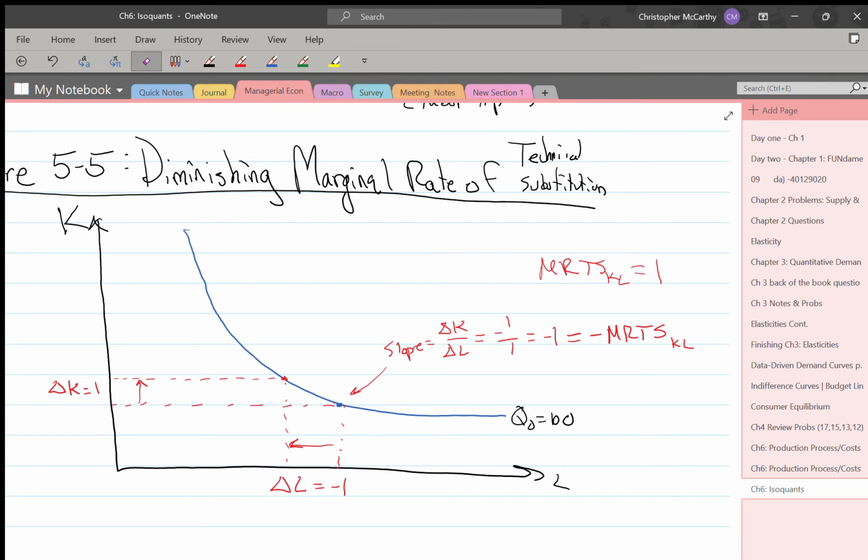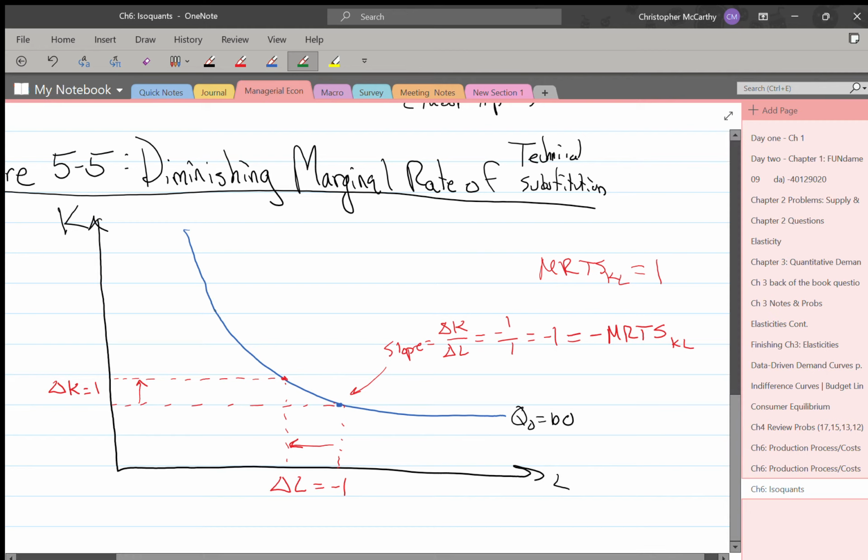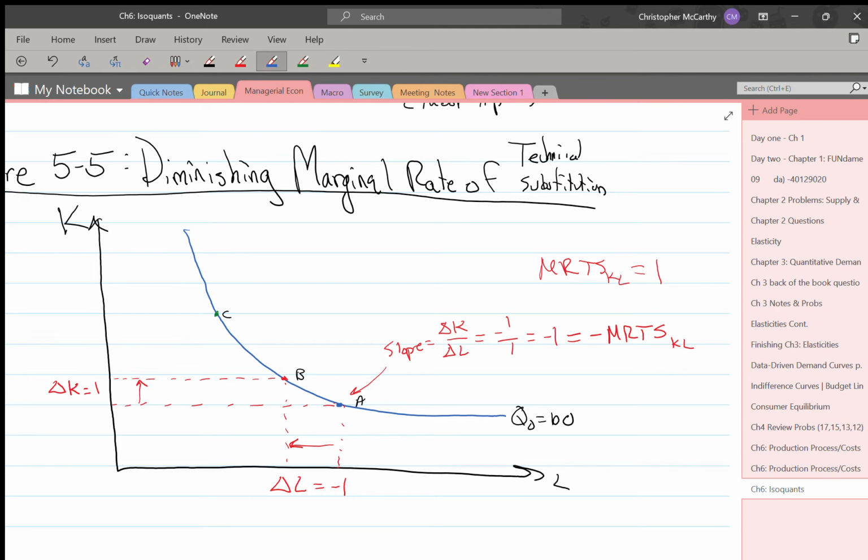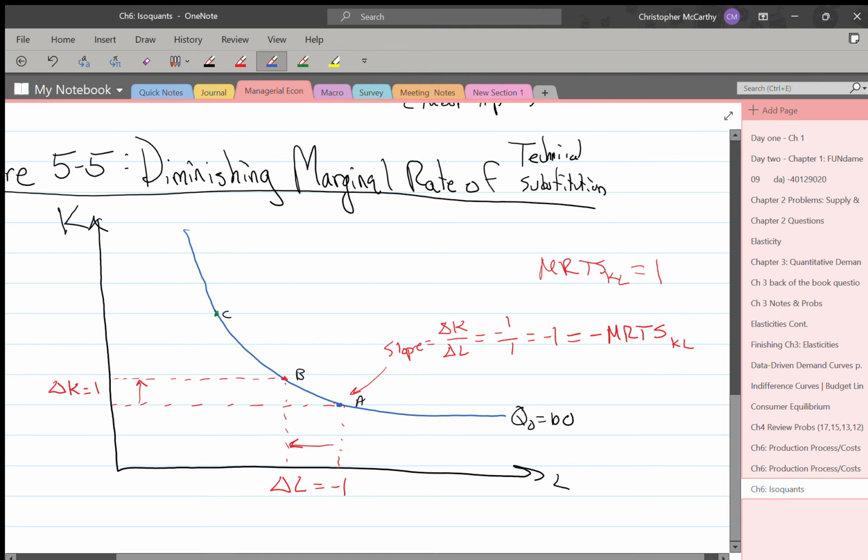Now what happens when we're at a point like C? Sorry, these were labeled as well. A, B, C. So what happens when we're at a point like C? We don't have a lot of laborers, right? And we got a ton of capital that we're employing. So when we decrease the same amount of laborers for C, right?